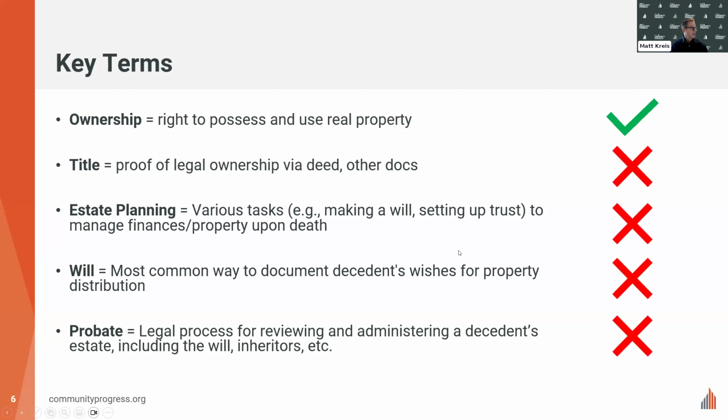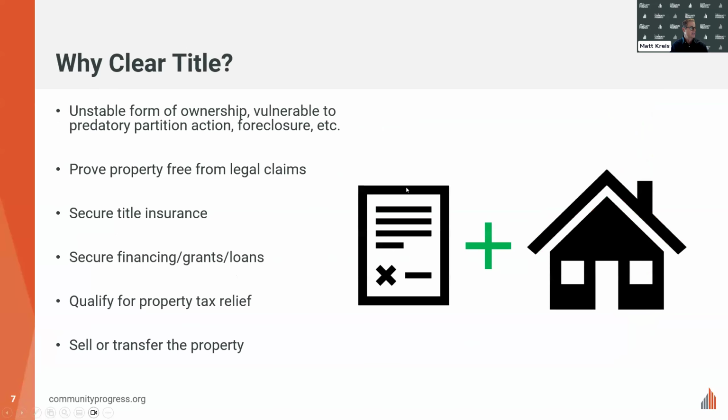Okay. So when you have heir property, you may have ownership as an heir, but with a lot of these other things, there are challenges. You have challenges proving your title, right? There wasn't an estate plan, there wasn't a will, there wasn't ever a probate. All these things make it really complicated to prove that ownership and to access all of the benefits of home ownership, right? I say here, why clear title?